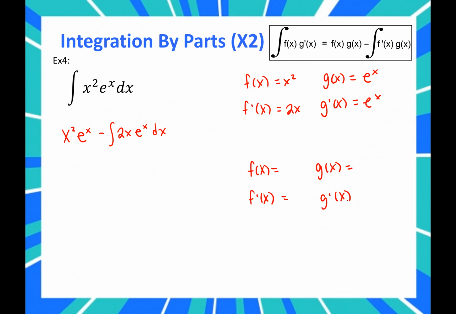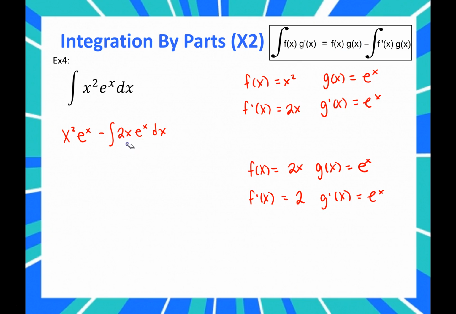And you're probably getting the hang of this, but our f of x is going to be 2x because the derivative is going to give us 2. Our g prime of x is going to be e to the x. Then I integrate it to go in this direction, and I get e to the x. Again, if you ever need to check that, you take the derivative of this, and you should get that.